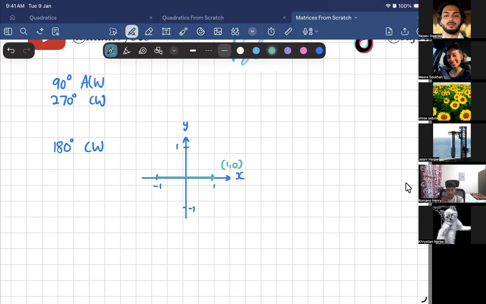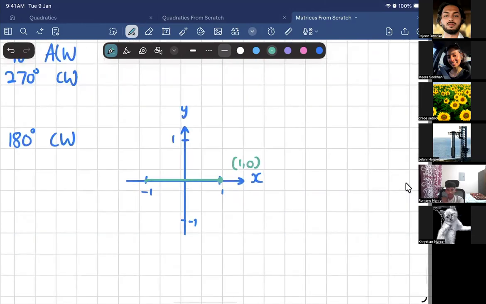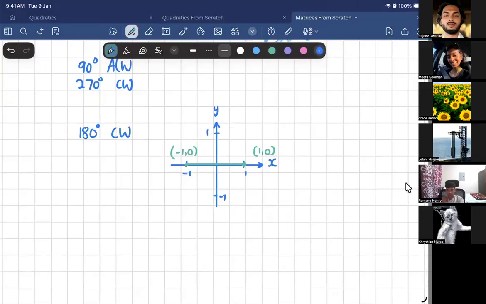And what point would that be? -1, 0. So my x value changed from 1, 0 to -1, 0. All right, cool. So I'm going to put that in my matrix over there, because remember, this tells you what happens to the x value.